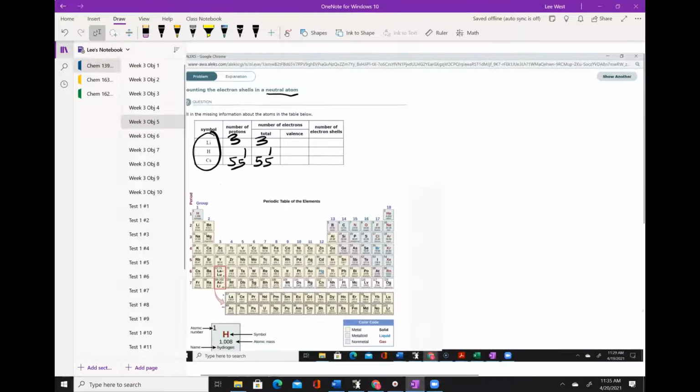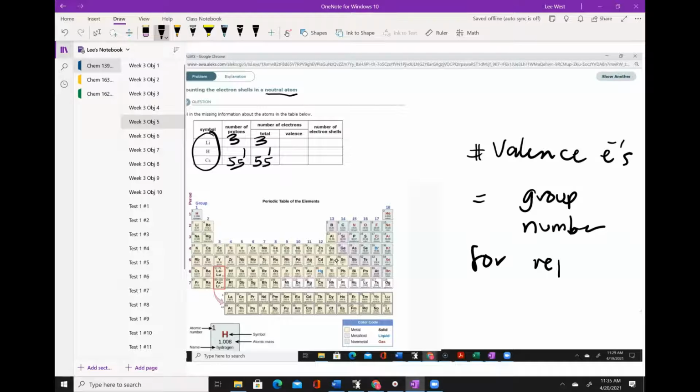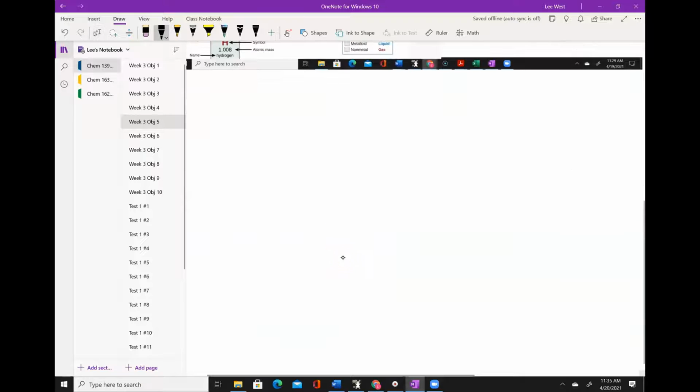And there's a really simple little formula for this: the number of valence electrons is just equal to the group number for representative elements. Now, when we say the group number, we mean the group number with the North American numbering system.